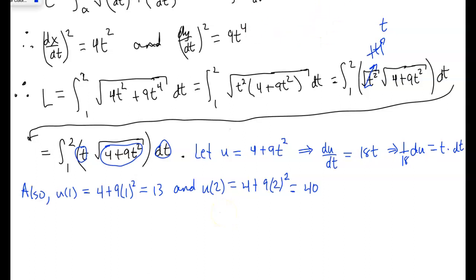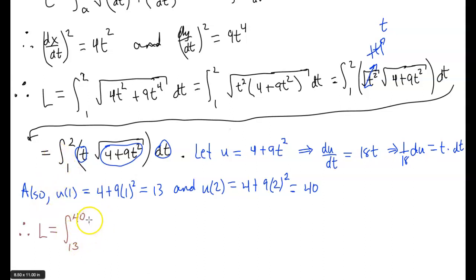So I'm going to switch colors again. So therefore, this length is going to be integral. And instead of writing from 1 to 2, it is now going to be from 13 to 40.